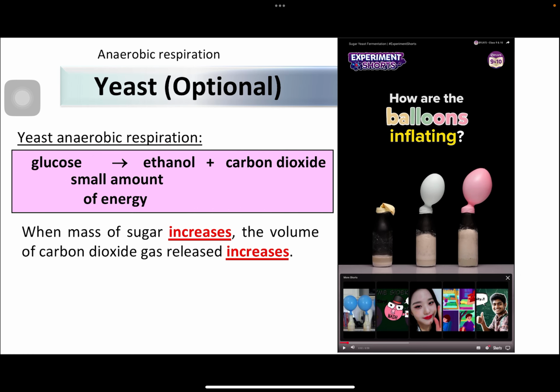This is because the sugar is being broken down by yeast into ethanol as well as carbon dioxide.